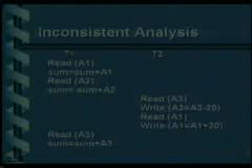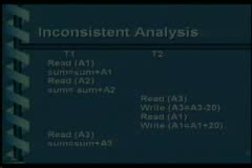Third problem is inconsistent analysis. T1 is reading values A1, A2 and so on, and sometime later it is supposed to read A3, and what happens? T2 comes in between, reads the value of A3, modifies it, reduces it and adds the same value to A1.